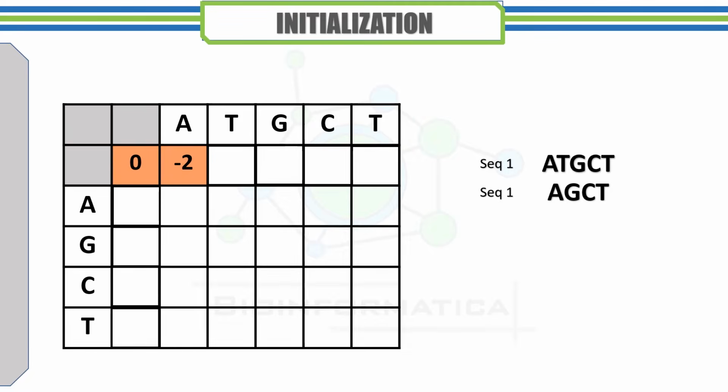Similarly, we again take -2 and add the gap penalty of -2, and we get -4. Then -6, -8, -10, and so on. Similarly, we proceed along the first column also, and we get -2, -4, -6, -8, and so on. Hopefully you get the point.